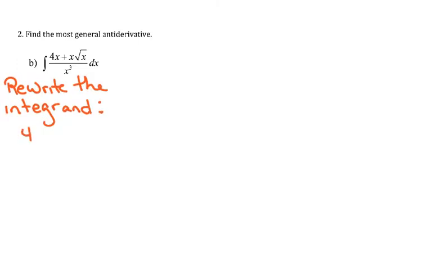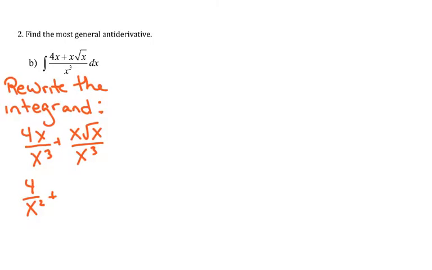So first, I'm going to just split it up. This is a legal move. And now I can simplify each term in this sum. The first one will be 4 over x squared.